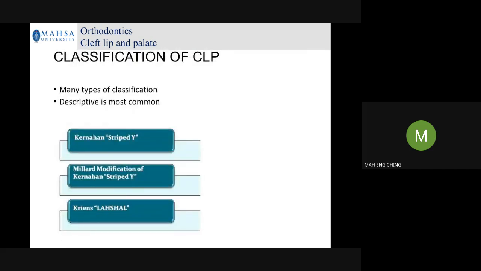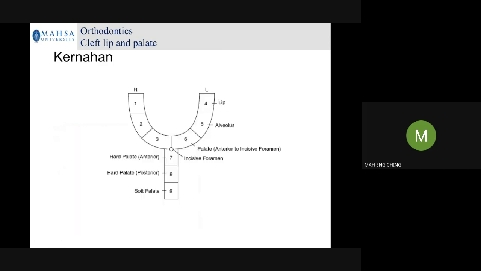If you're talking about classification of the cleft, there are so many systems, but many types of classification are descriptive. It means they describe what they see. There are so many. This one Kernahan, then Stark, then Millard modified it, then finally we come to this Russia. Okay, so this is simple.